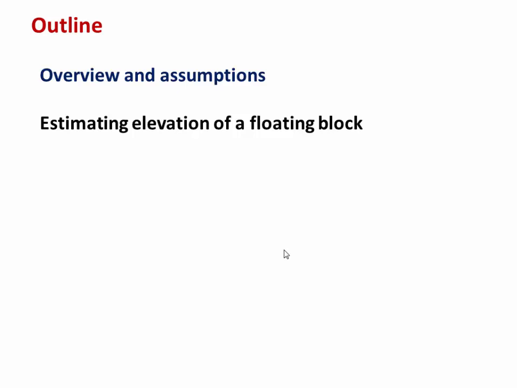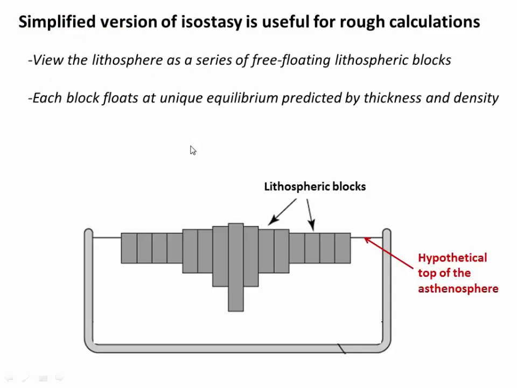Okay, so in this video, we'll start out with the overview and some assumptions, and then we'll talk about how to estimate the elevation of a floating block. We're going to use a simplified version of isostasy. We're essentially going to view the lithosphere as a series of free-floating lithospheric blocks. So here they are.